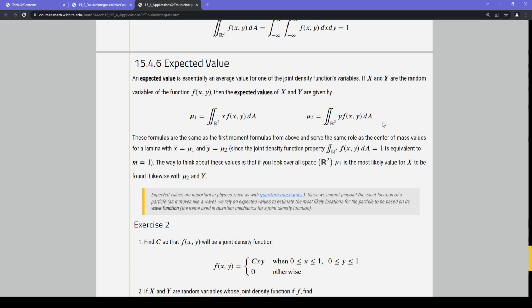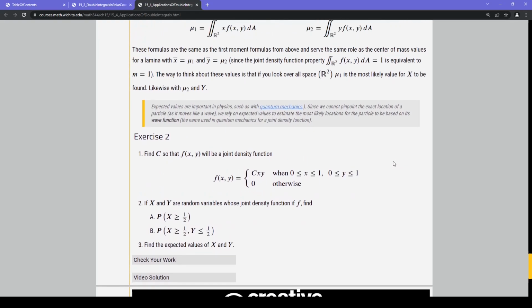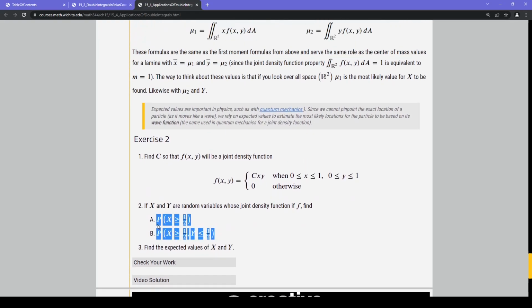And what you can do is cut the range of values that you're integrating over to some subset of the coordinate plane in order to figure out what the most likely value is, or what the probability is for the result of x to, say, come up to be greater than 1/2, or what is the probability for x to be greater than or equal to 1/2 and for y to be less than or equal to 1/2.